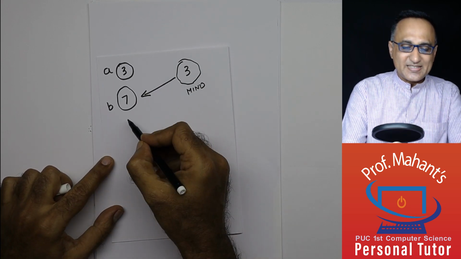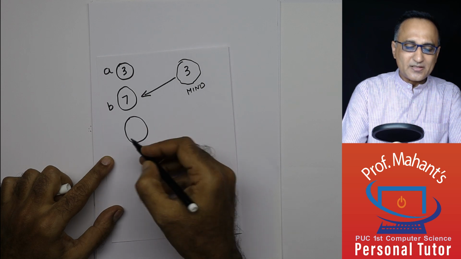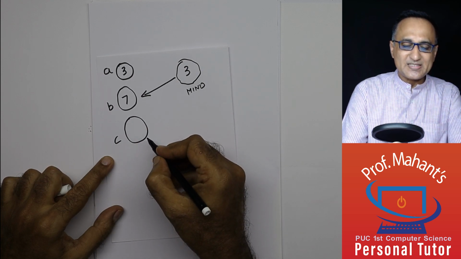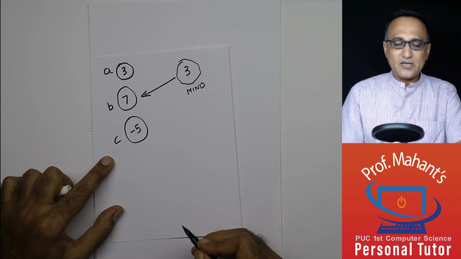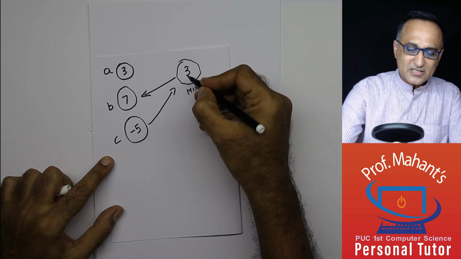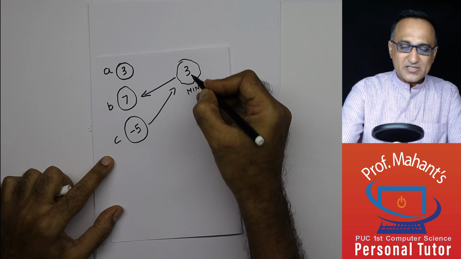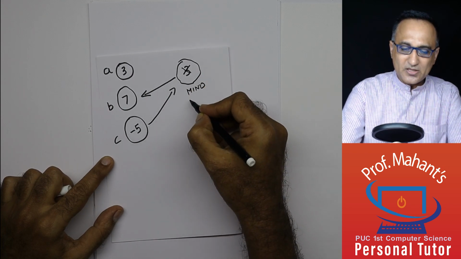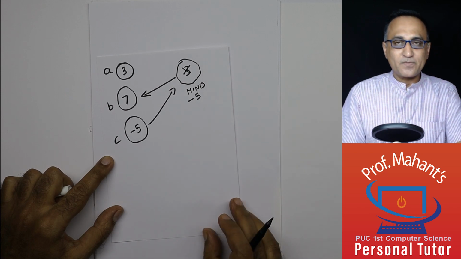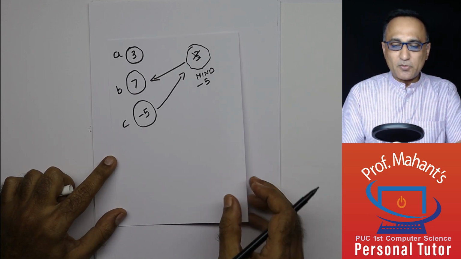Now let's say you begin to look at the third number, which happens to be C. Let us say it is minus 5. Now when minus 5 is compared with 3, obviously 3 is not smaller than minus 5. Then your mind replaces this 3 with minus 5. Now what is this logic we went about?